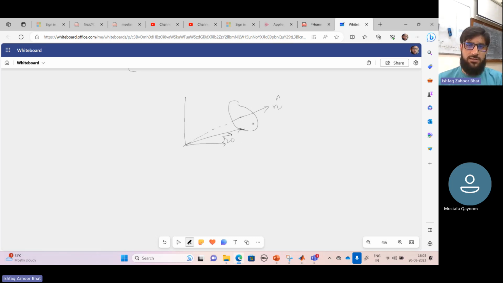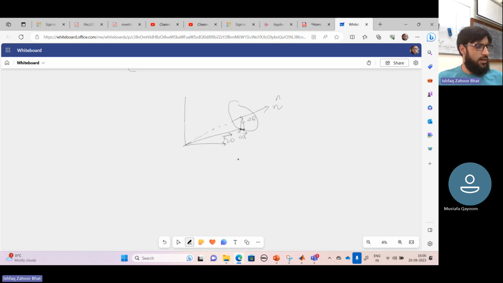This will not change for that small duration of time. So this R naught will shift to this, and there will be some change in R. And this rotation will be a small rotation, delta theta. So this will be a very small rotation.